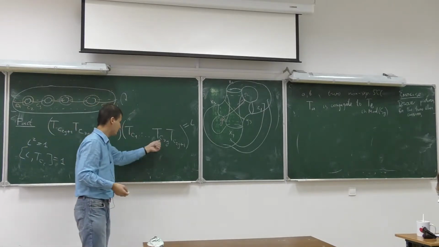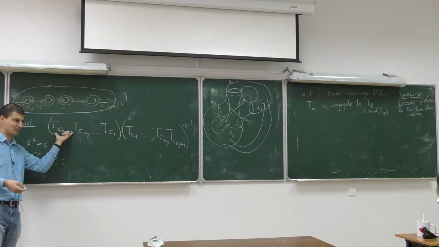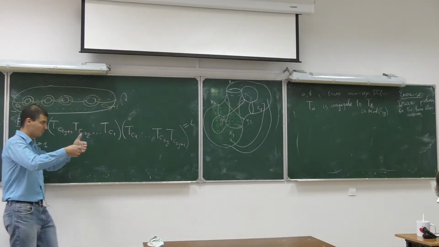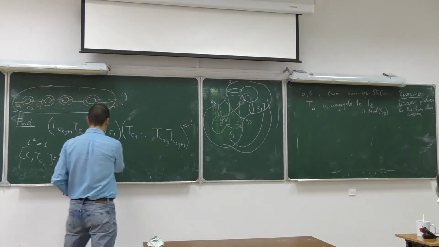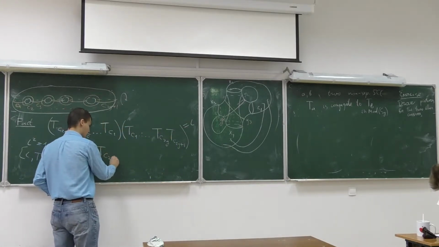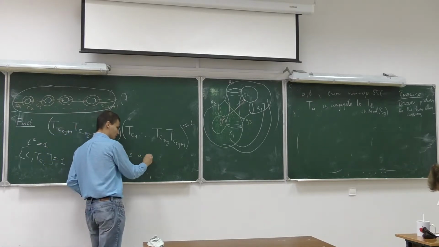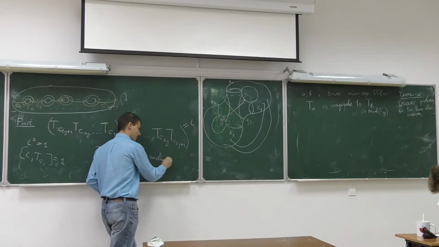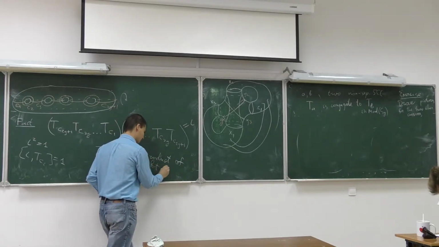But now let us take one of them, say this last one, and put it on the right hand side of this relation. So we get that T_{C_{2g+1}} inverse is a product of left Dehn twists.